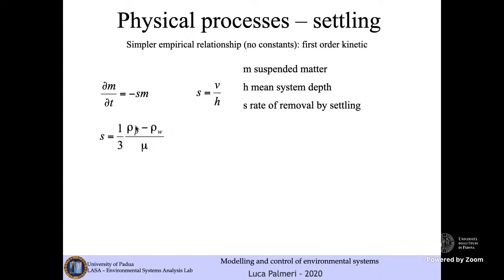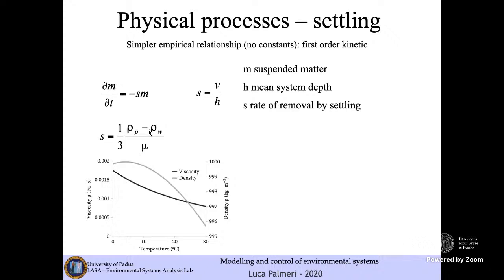So here we have a dependence of the removal rate on the difference of density of particles and water divided by mu, the viscosity. Of course, you know that the densities as well as the viscosity depend on temperature.